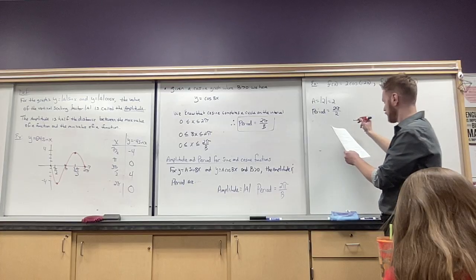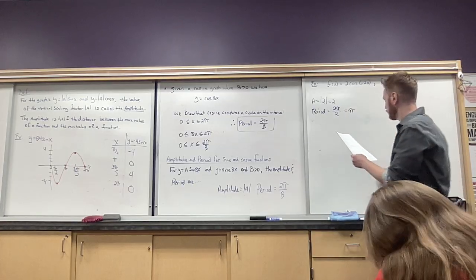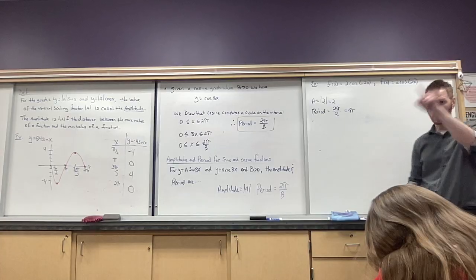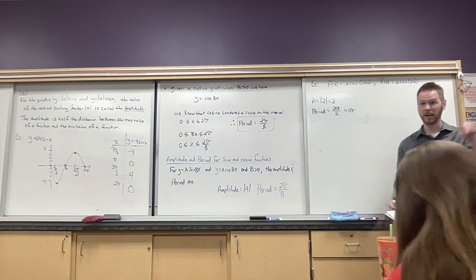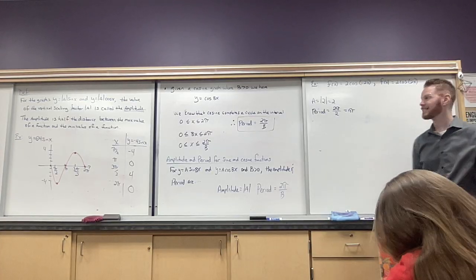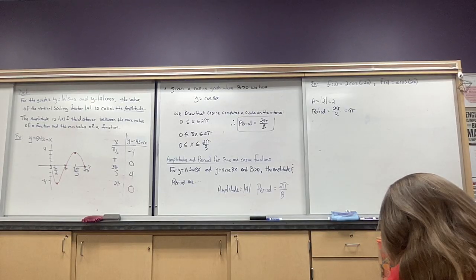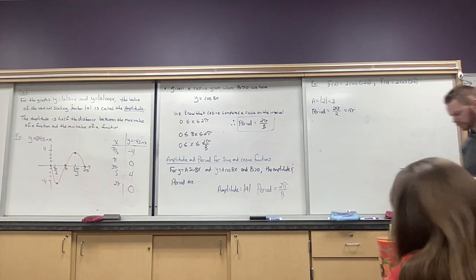Okay, so for this one, my period is pi. That means it's going to complete its whole cycle by pi, not by 2 pi. So that's what that 2 is doing. It's speeding it up. It's going through a whole cycle a little bit sooner.